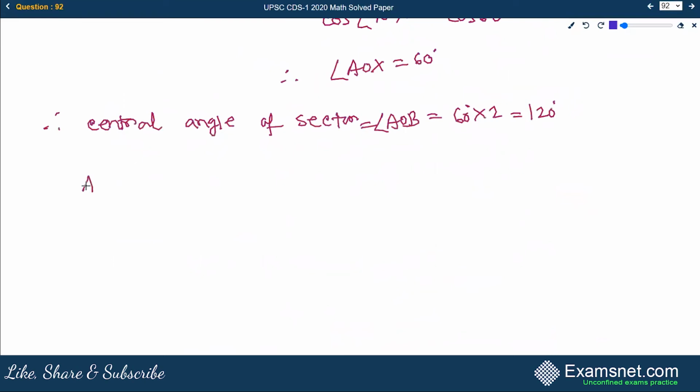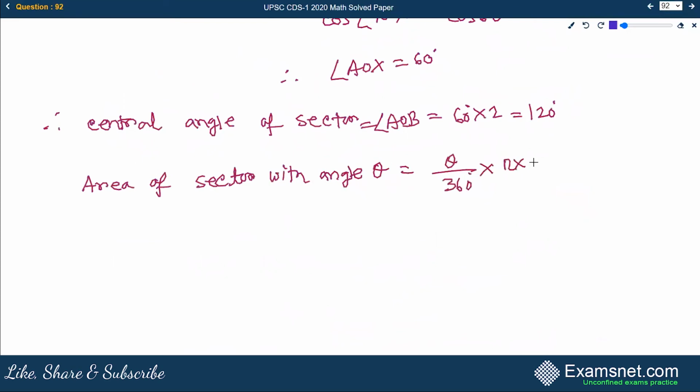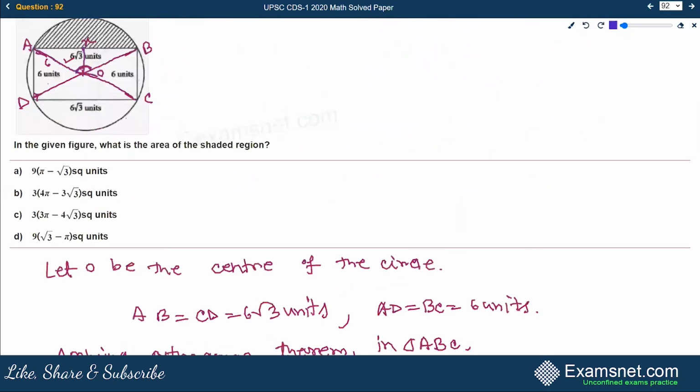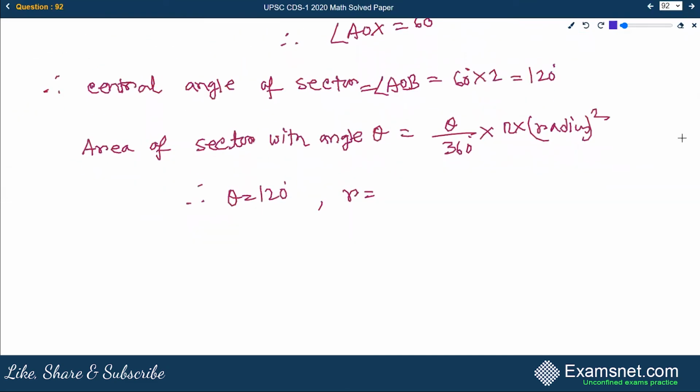Now let me make you remember how to find the area of a sector with angle theta. The formula is area of sector with angle theta, theta by 360 degree multiplied by pi multiplied by radius whole square. Here theta is 120 degree, and radius is, as we know, 6 centimeters.